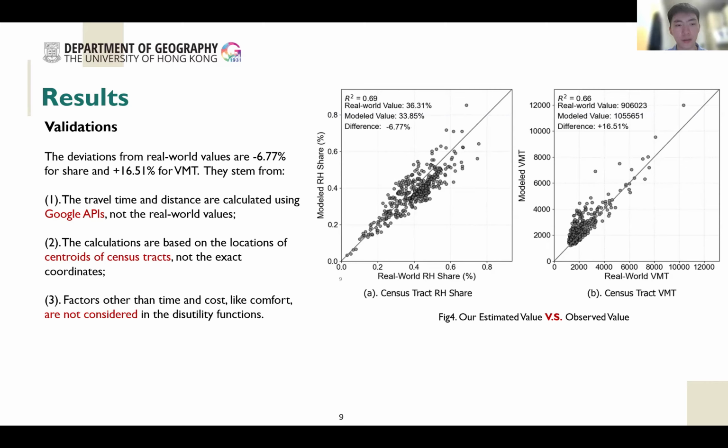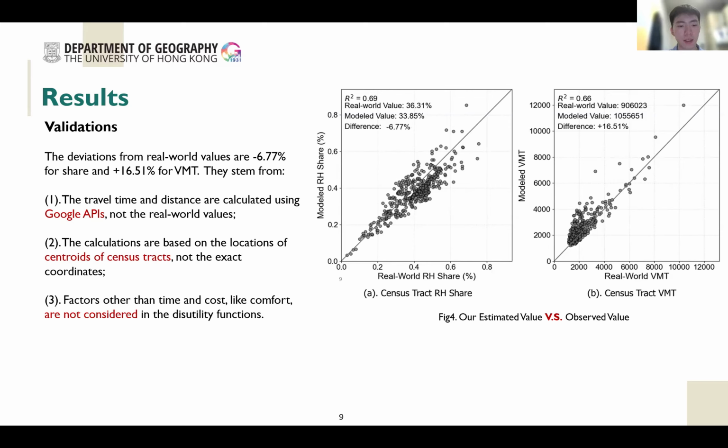The deviations from the real world values are negative 6.77% for the ride-hailing shares, and positive 16.51% for the VMTs. These deviations may stem from three perspectives. The first is that the travel times and distances are calculated using the APIs, not the real world values. The second is that the calculations are based on the locations of the sensor tracks, not the exact coordinates, because these are the most resolved spatial units in our study.